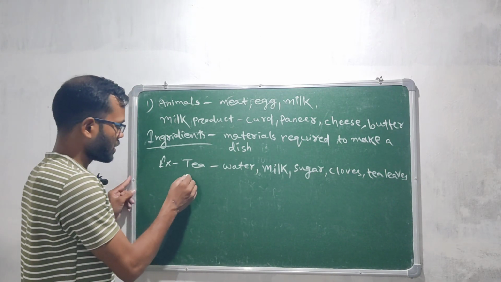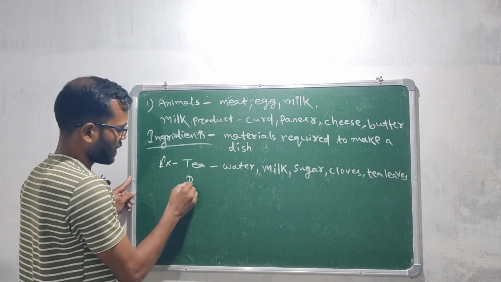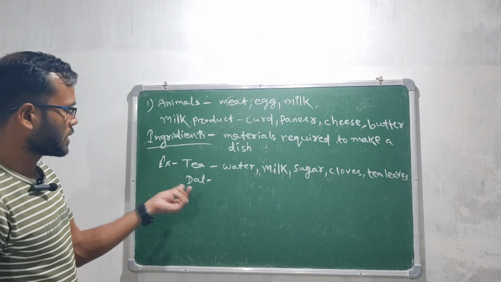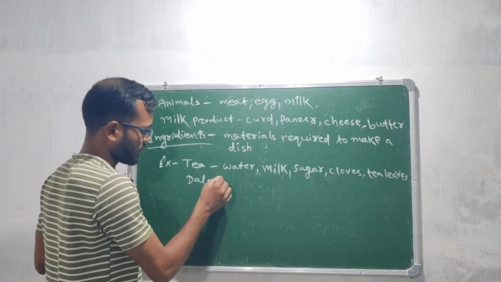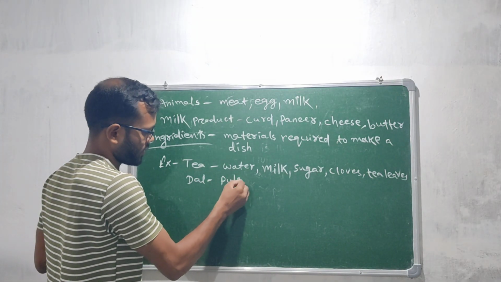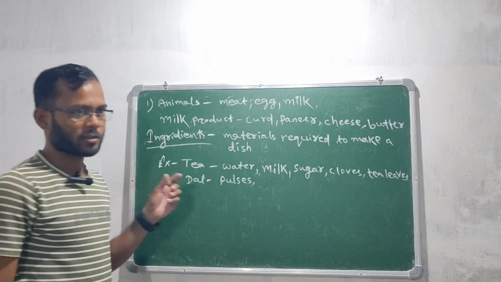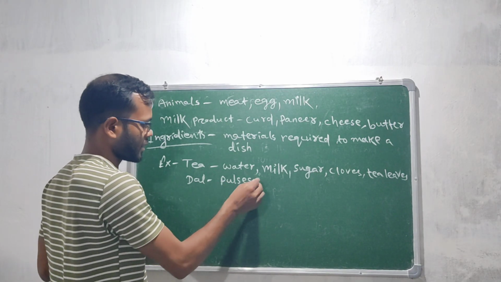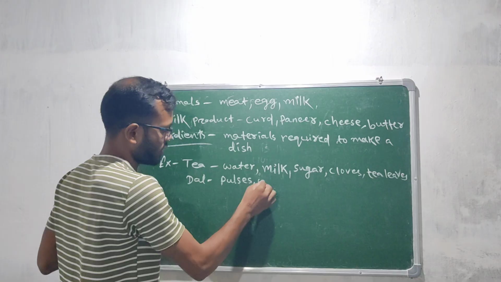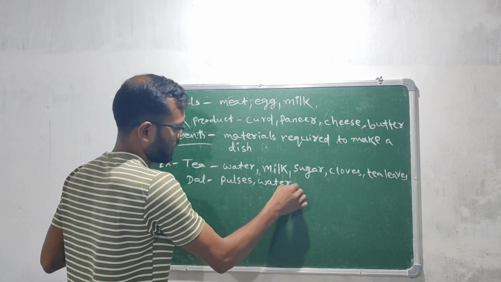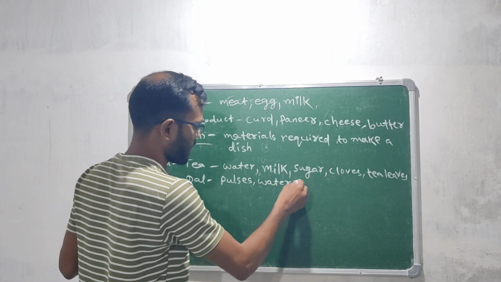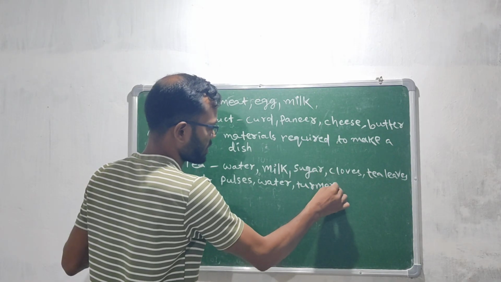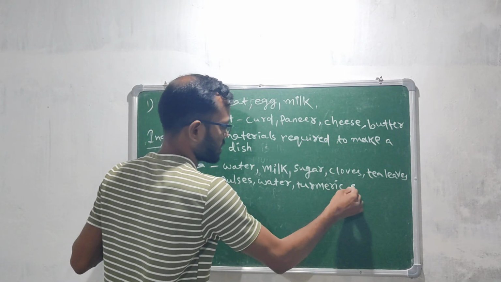Like suppose we are making dal. This is a dish. So what are the things needed to make dal? First we need pulses. Pulses can be anything like moong, gram, green gram, okay, or anything. Then water, then spices, different types of spices like turmeric. Then salt.